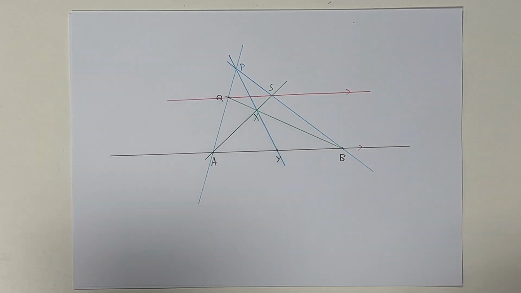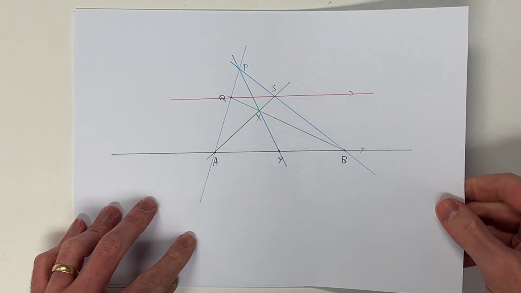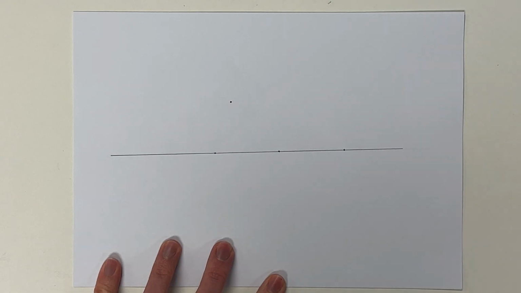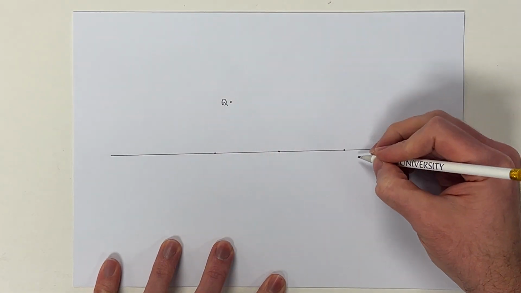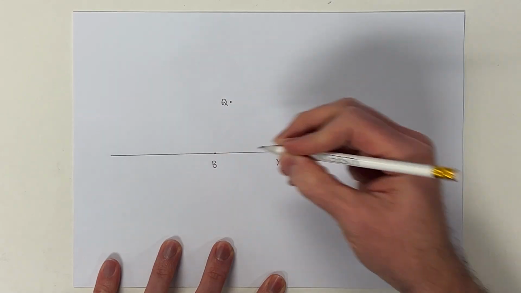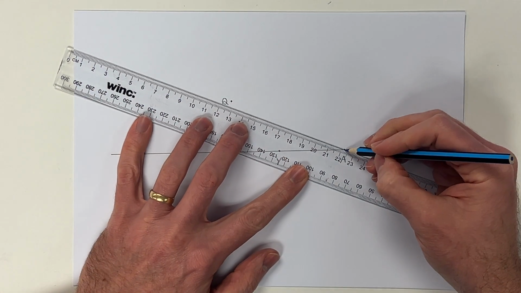So I'm going to do all 6 so you can see them all, if you want to. So here's Q. I'm going to label them in the other order. So I'm going to join QA.